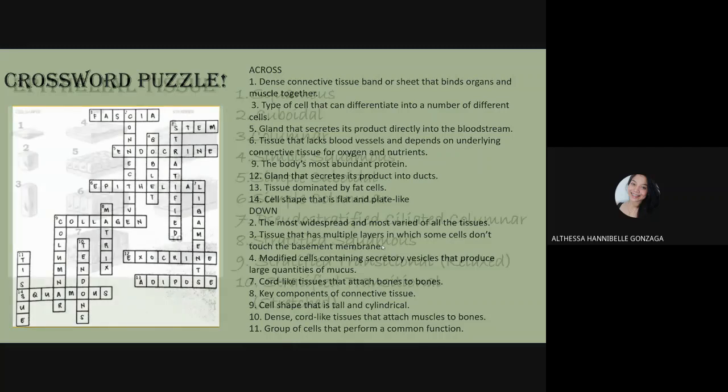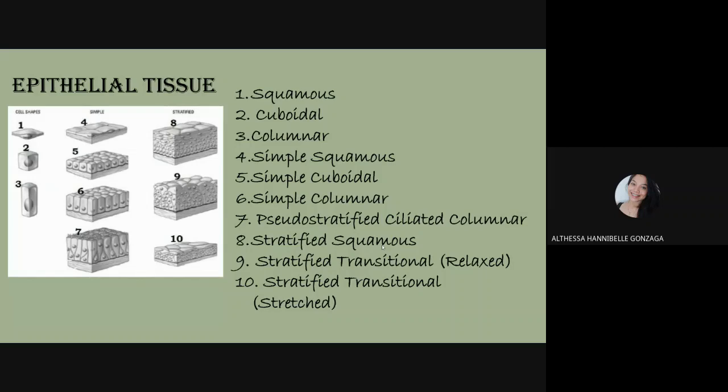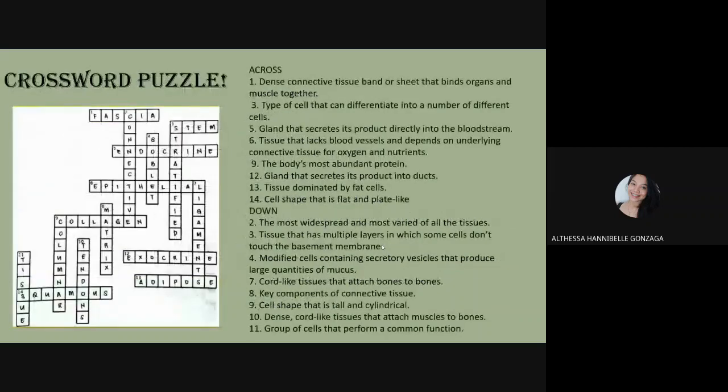So let me discuss to you the answers of our group. When we say fascia, it is a thin casing of connective tissue that surrounds and holds every organ, blood vessel, bone, nerve fiber, and muscle in place. Stem cell is a type of cell that can differentiate into a number of different cells. The stem cell is also known as the body's raw materials.